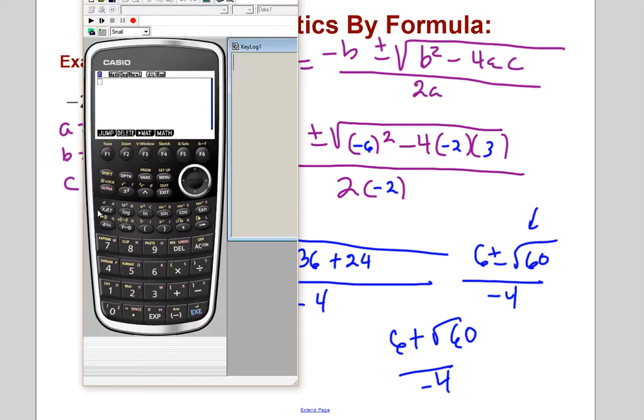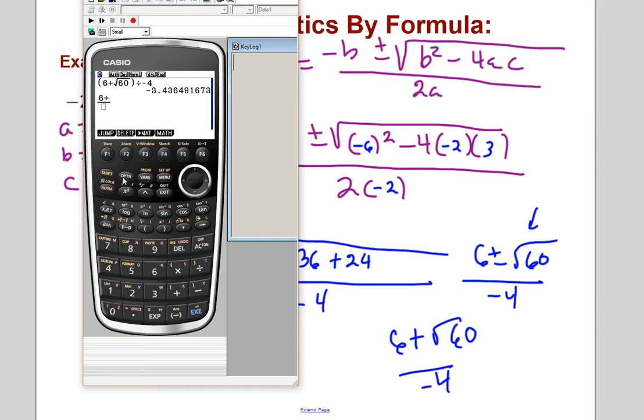I want to use parentheses. So I use 6 plus shift square root of 60. I need to tab over and close my parentheses. Then I can hit the divide button. My Casio let me do this pretty easily. So I just hit that, and let's see, F to D, I get -3.43, and so on. If you are using a Casio, you can just use the fraction line and it makes it easier.